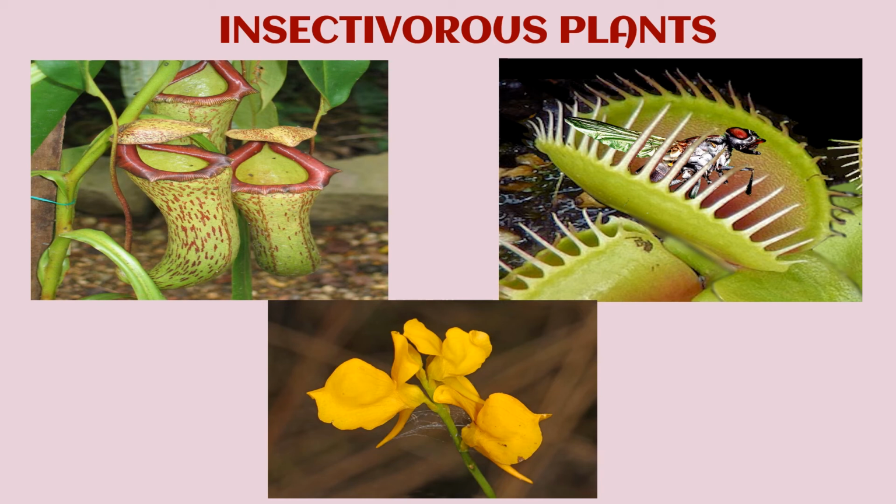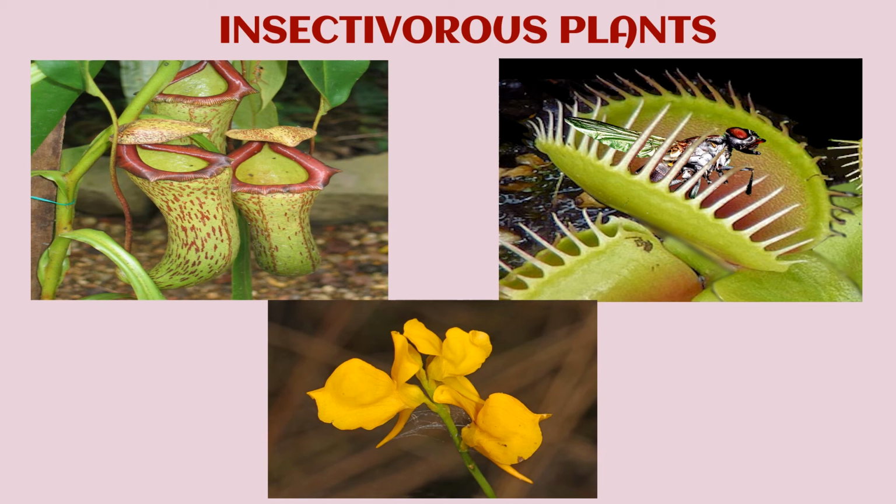The second picture is Venus flytrap. In this, the lamina is divided into two parts. Their margins are toothed. They get interlocked when an insect sits on the leaf. And the third one is bladderwort. The leaf is modified into a sac-like bladder to trap insects.